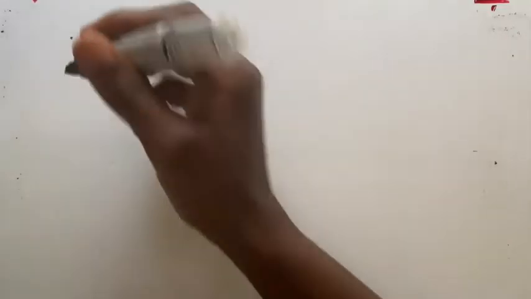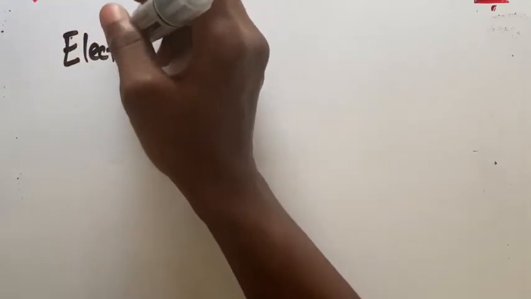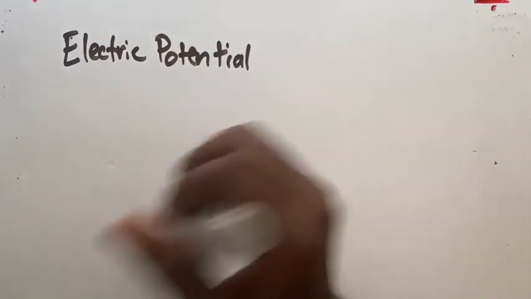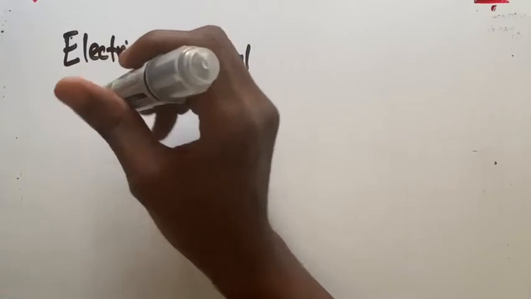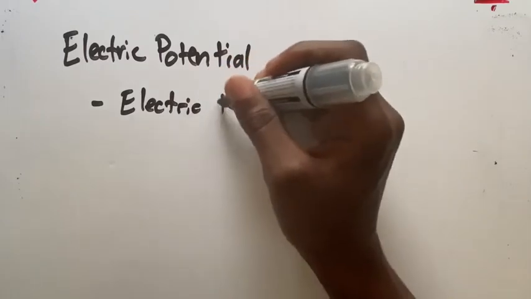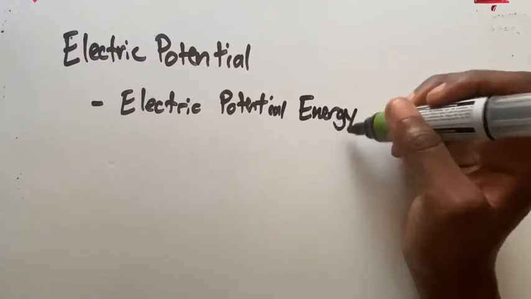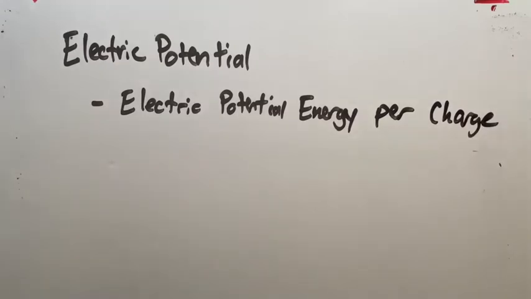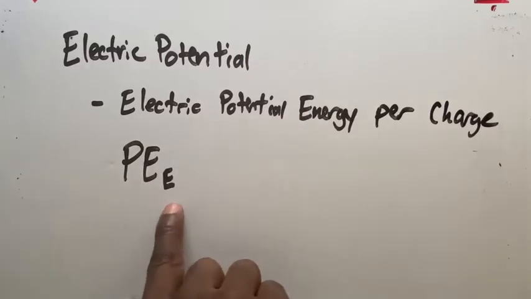So now, electric potential energy, or electric potential, I should say, is given by the electric potential energy per charge. So this is potential energy, electric.